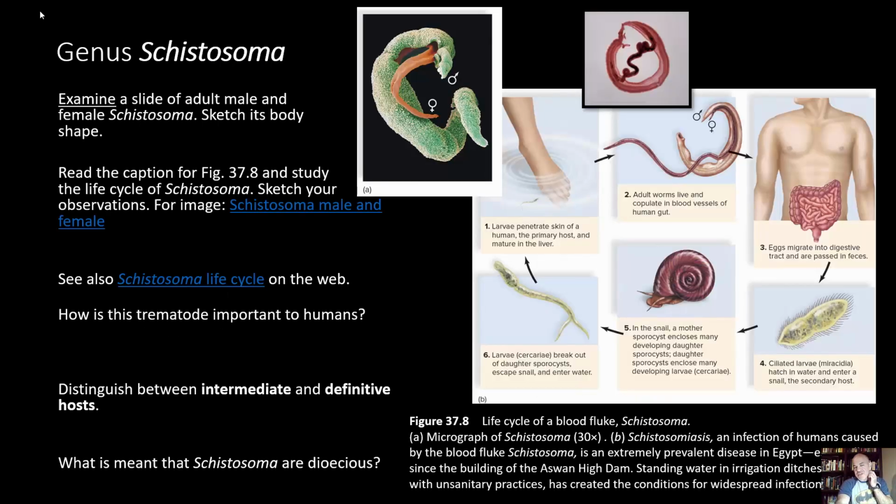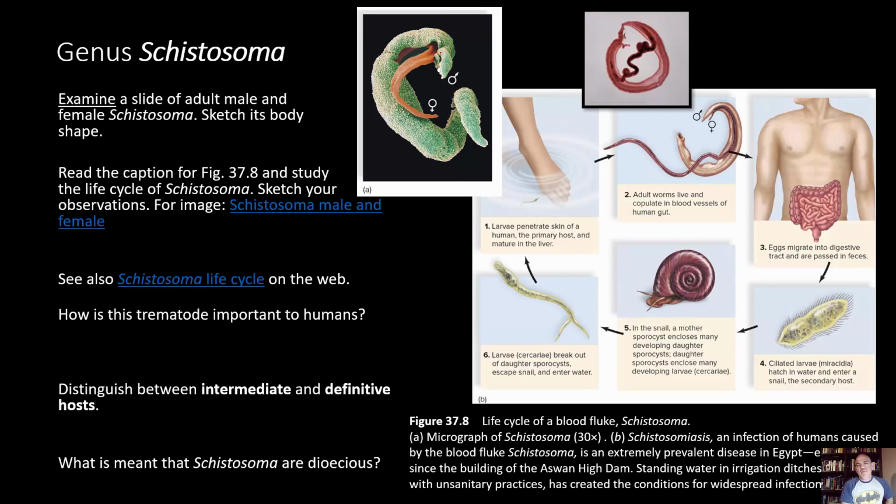And then we have the genus Schistosoma. They're also flukes, and this one is unlike the others. This one is dioecious. They have separate male and female. The male is larger, and the male has a groove.